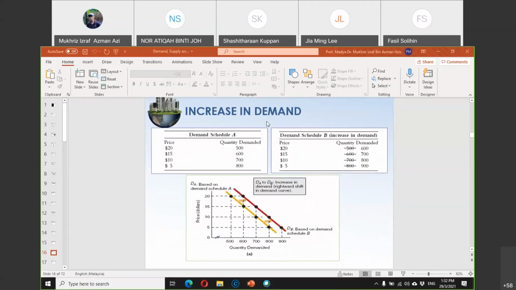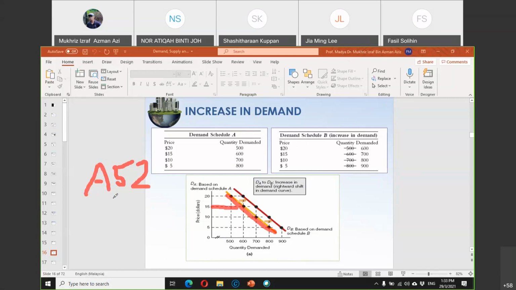Then this concept of increase in demand versus decrease in demand. I mentioned just now that the word demanded refers to movement along the curve. It means you're only talking about the price and quantity of the good itself. Just now we talked about the Samsung A52 smartphone.